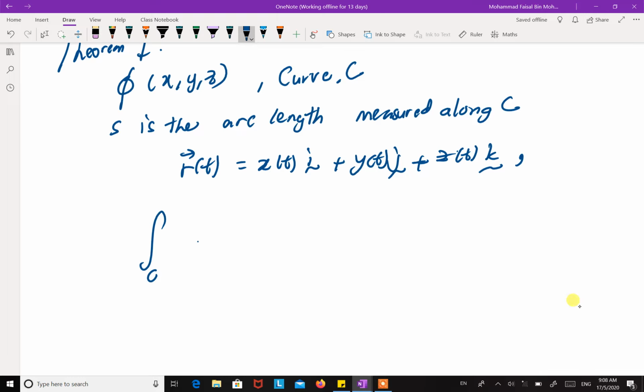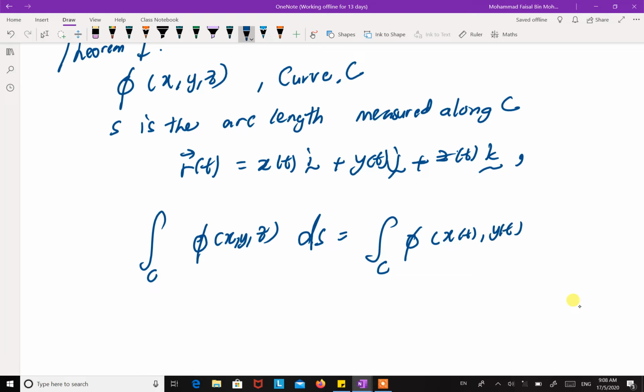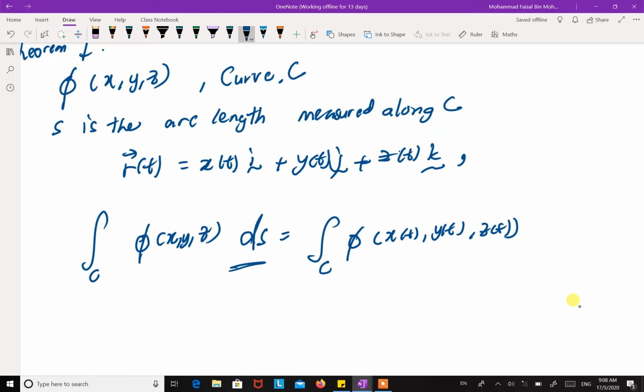the integral over curve C of phi ds will be the integration under curve C of phi of x(t), y(t), z(t) times ds/dt dt. ds will be the magnitude of r prime t times dt.